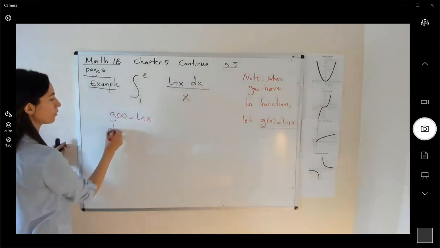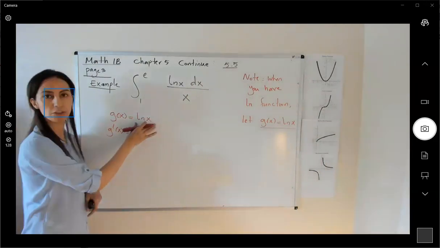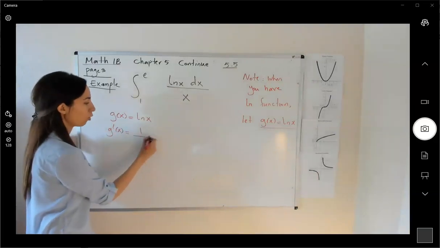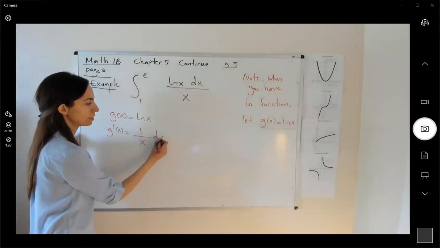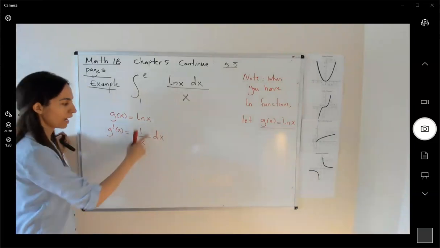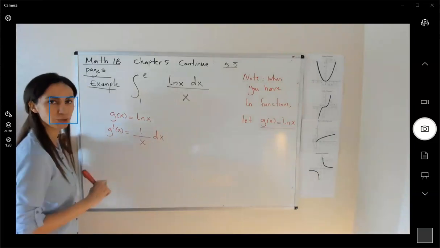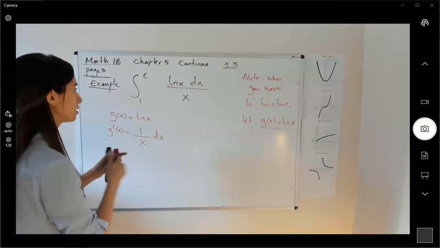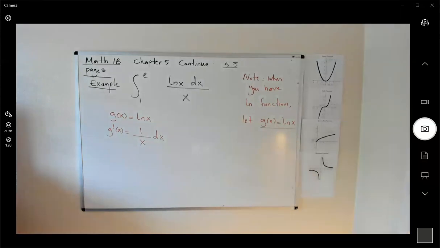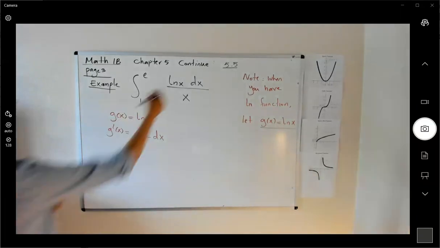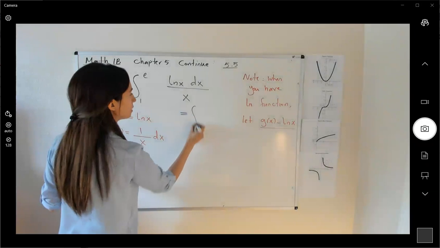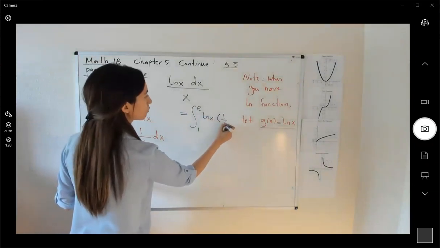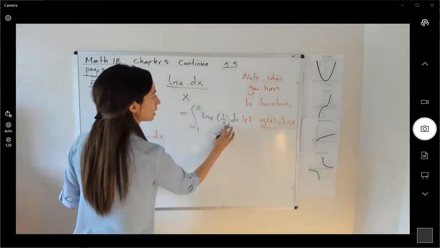What's the derivative of ln? The derivative of ln of x is 1 over x dx. Do I have 1 over x next to dx? Take a look at this. This integral can be written as the integral from 1 to e of ln of x times 1 over x times dx.